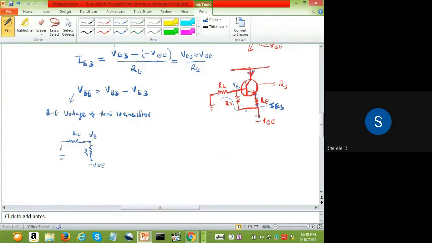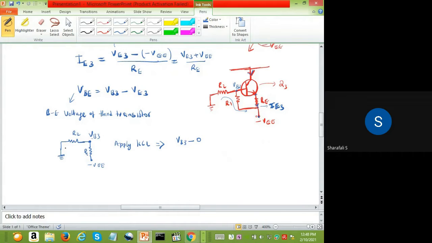Applying Kirchhoff's current law in this circuit, it will give VB3. You can put 3 because it is the third transistor. So VB3 minus 0. Consider this resistor. Here we have VB3, and here this is grounded, so this potential is 0.